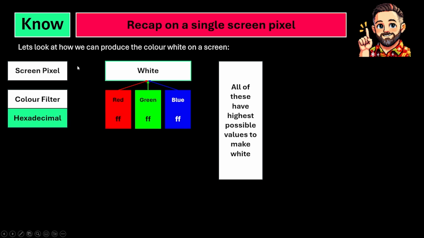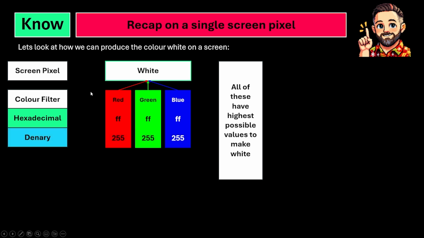Now in hexadecimal, which we've not fully looked at yet, this is represented with the highest value, and that is FF, FF, FF. Each channel is up to its highest value and we get white. The highest denary value of 8-bit is 255, so each of these colours would be 255 in denary.